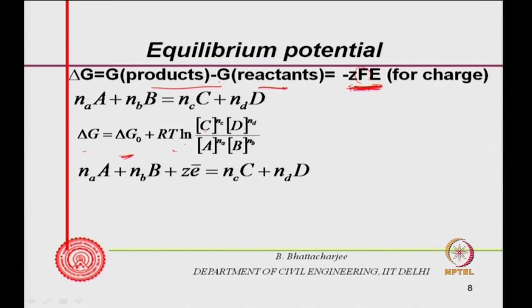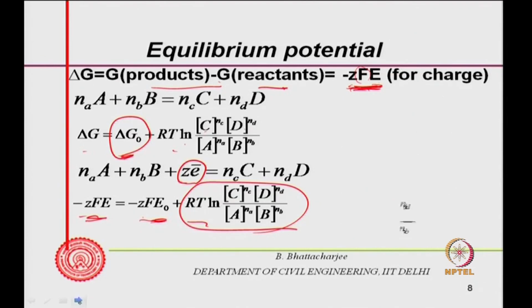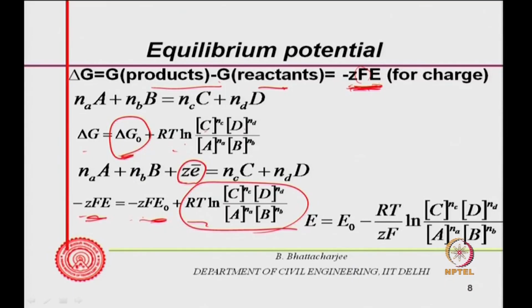So, if Z electrons are involved in the electrochemical reaction, this reaction can be written as minus ZFE equals minus ZFE 0 plus RT ln, where E 0 is equivalent to this, ZFE 0, and the concentration still remains the same because one need not take the electron concentration. So, by dividing all sides by ZF, RT by ZF, you get what is called the Nernst equation.